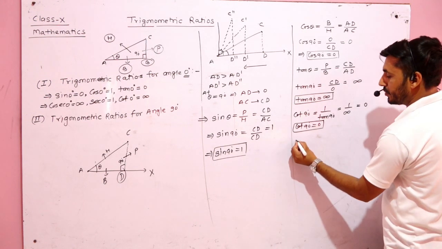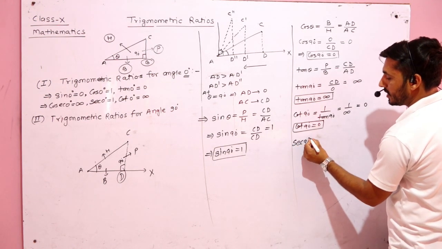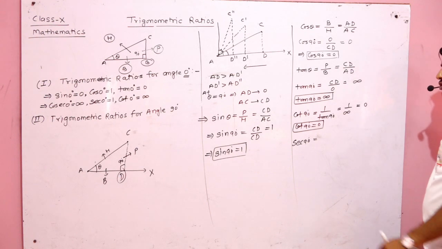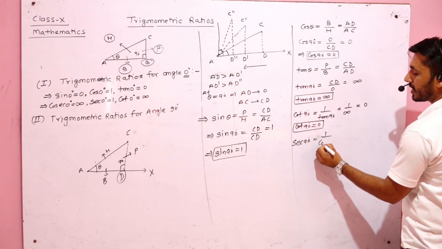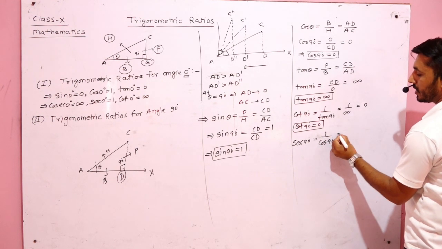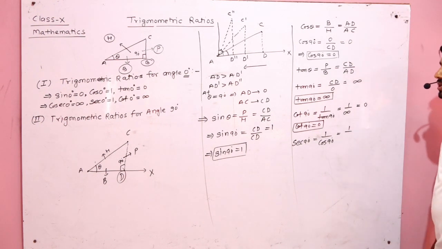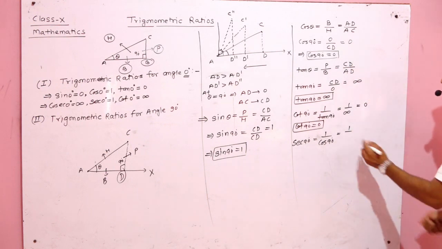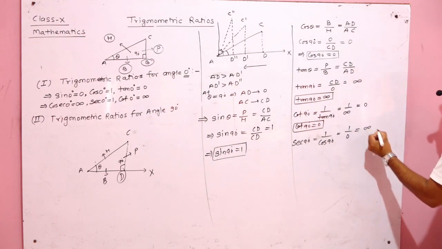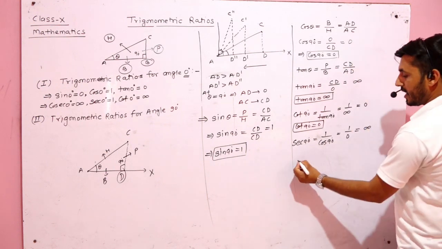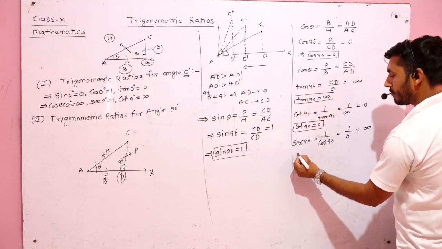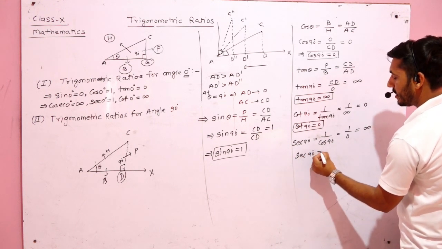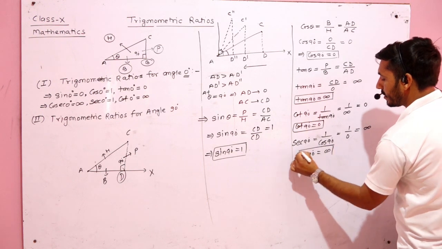Next trigonometric ratio, sec 90, and sec 90 is the reciprocal of cos 90. Then I can write 1 upon cos 90. What is the value of cos 90? We can see cos 90 is equal to 0, and 1 upon 0 we know is infinite. So sec 90 is equal to infinite.